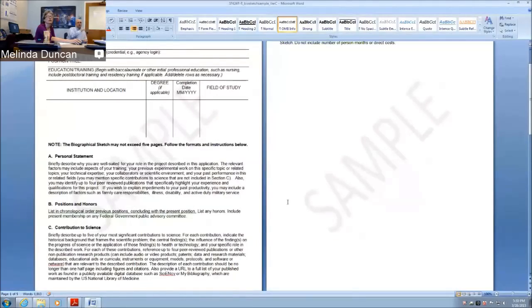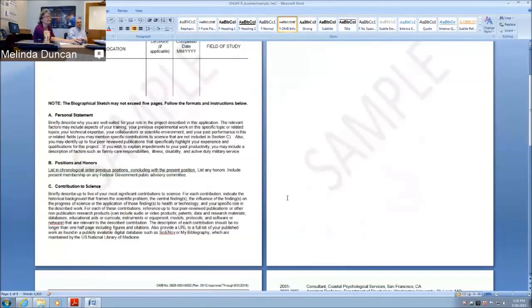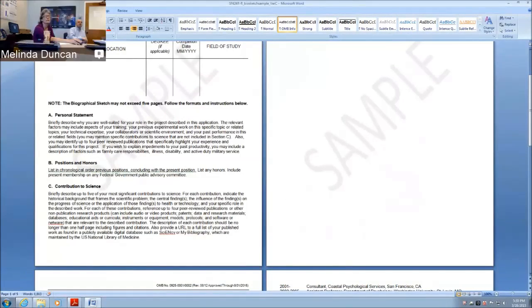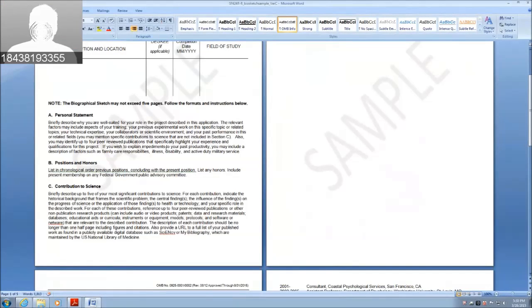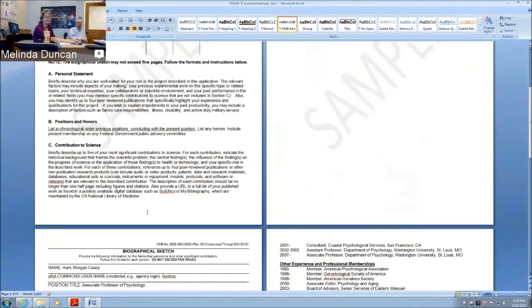The new Biosketch format has a personal statement and positions and honors. Those are very similar to the old Biosketch formats. And this is the personal statement, where you talk about issues that might have disrupted your career. The new section, which is really the thing causing a lot of people to be upset, is the contribution to science section.